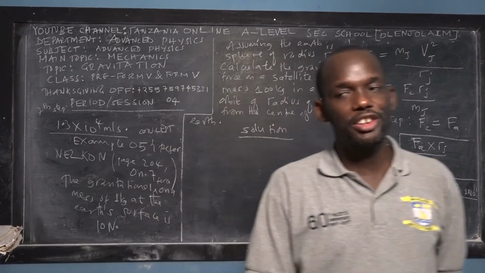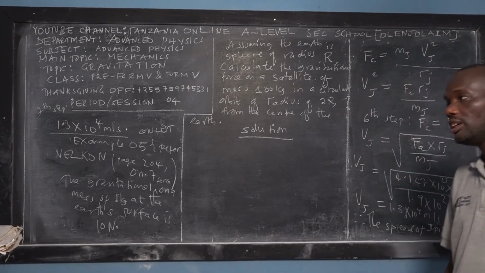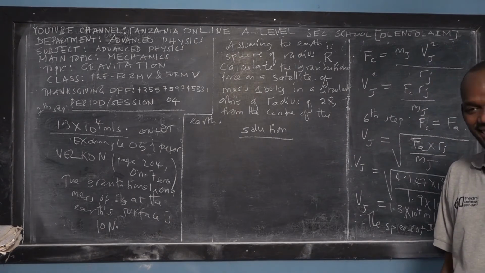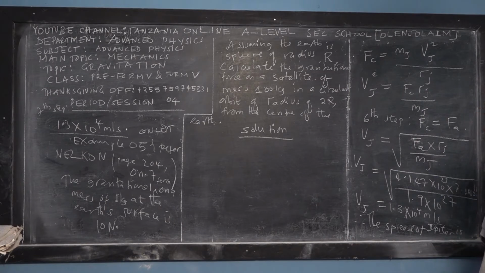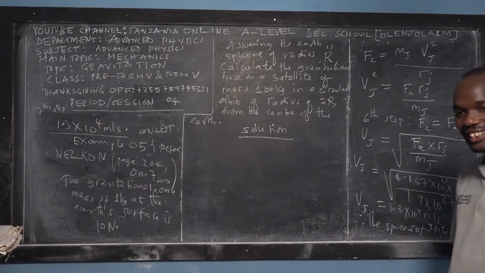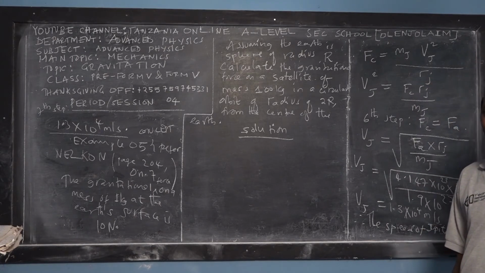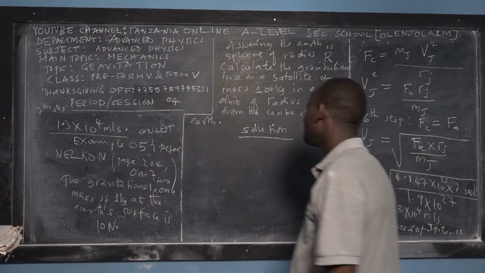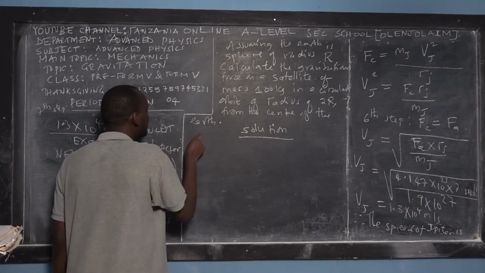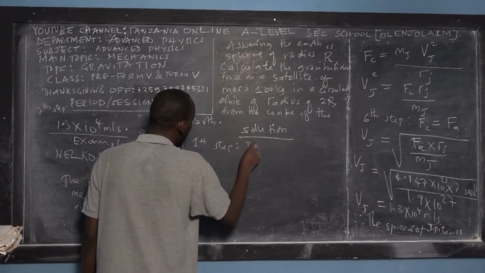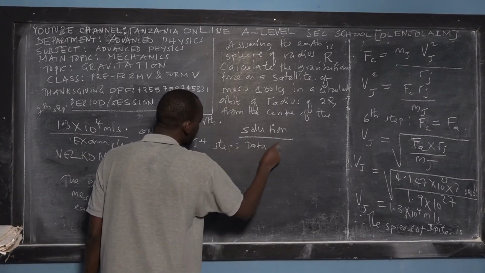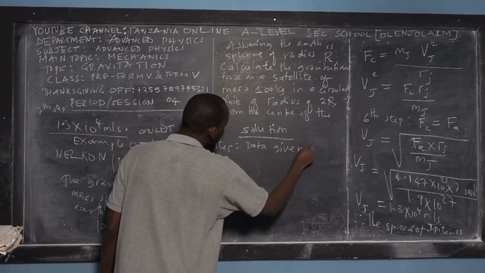Okay, it's a little bit tricky question because we have just few data. You just have a gravitational force of 10 Newton, 1 kilogram, 100 kilogram, 2r, that's all. So the first step always, data given, analyze them.